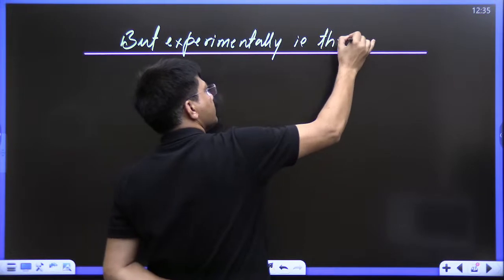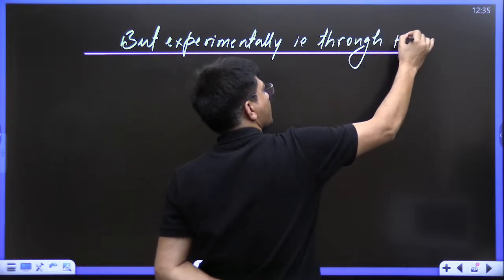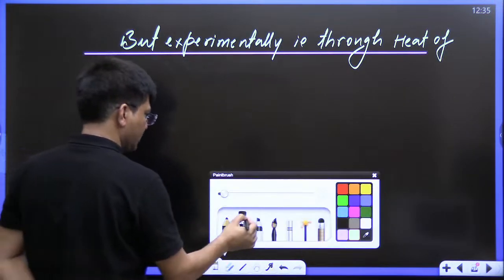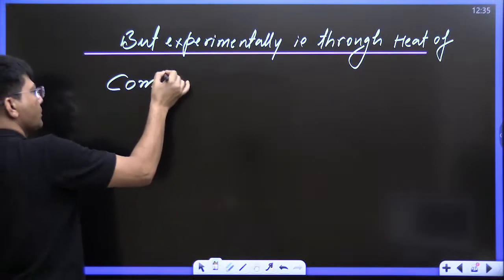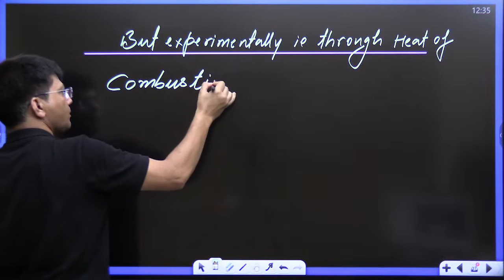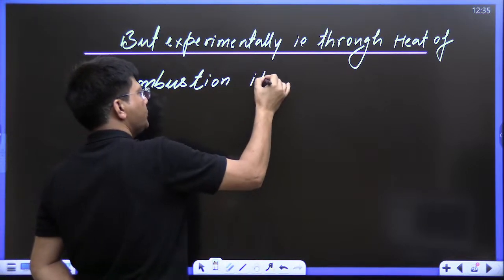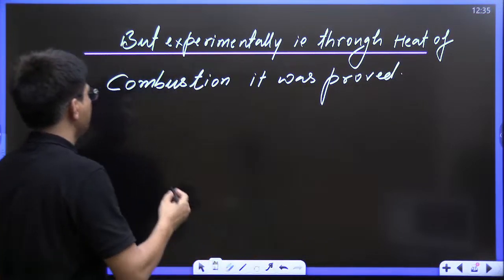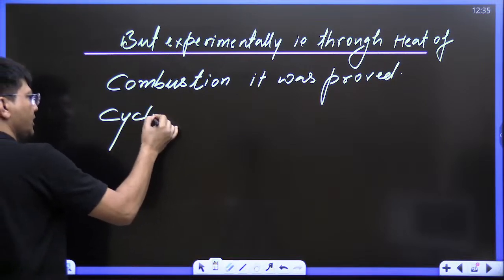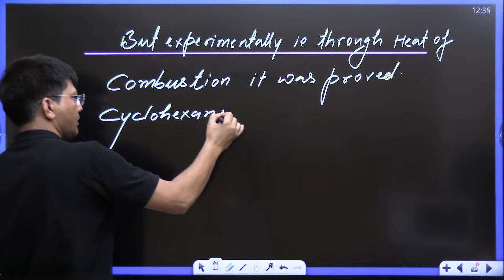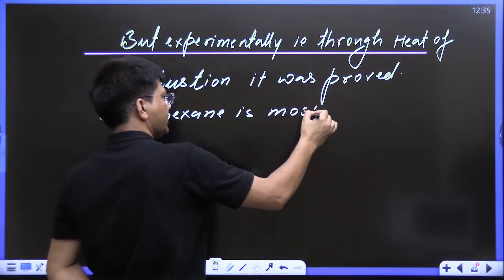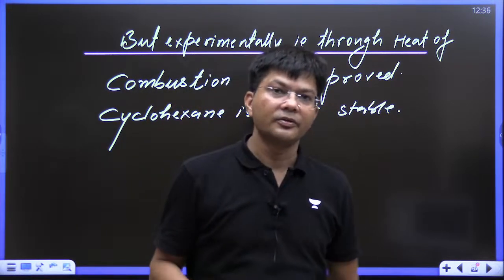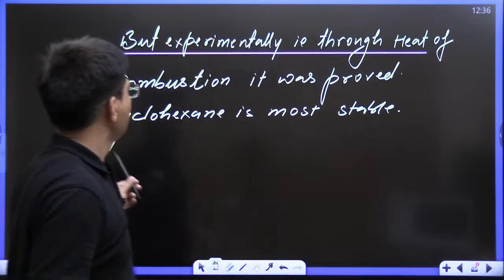Heat of combustion proved that cyclohexane is more stable, and that means Baeyer's theory proved to be wrong.